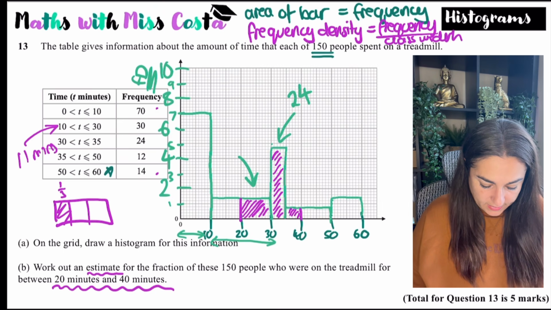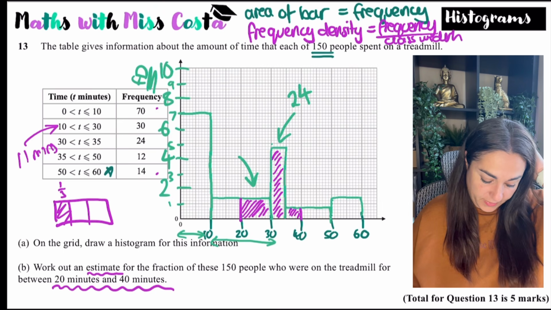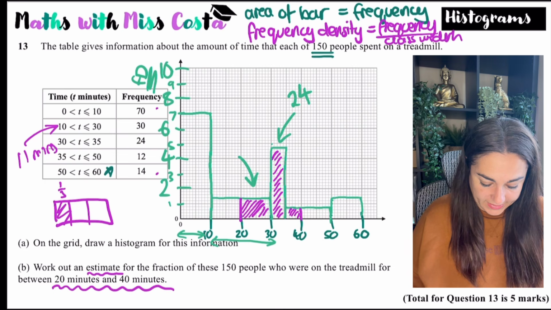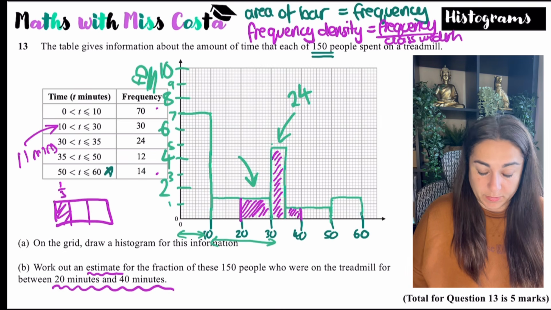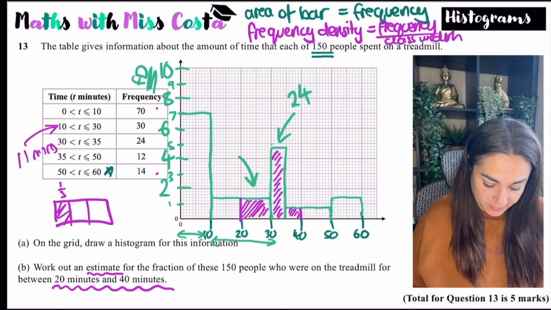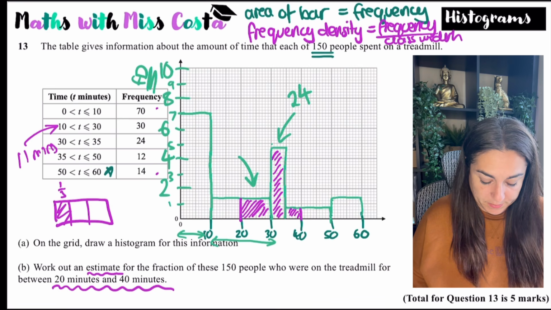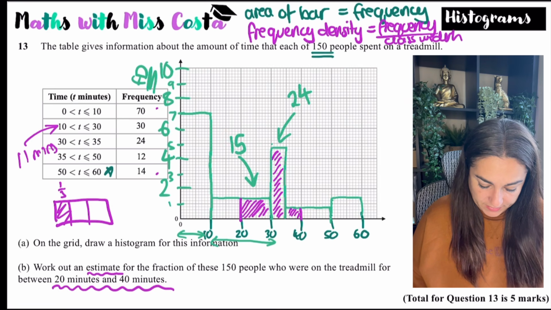Now over here, it's half of this bar that we need. We need the interval between 20 and 30. So between 10 and 30 minutes, 30 people used a treadmill. So half of that is going to be 15. So this is 15 people.